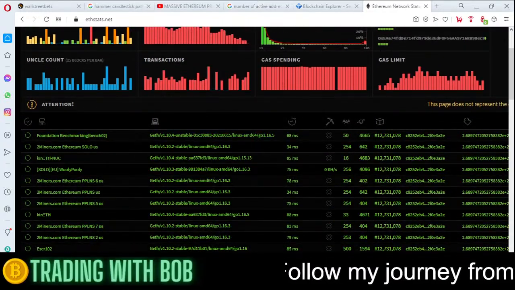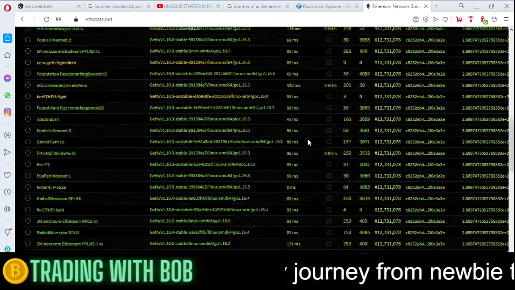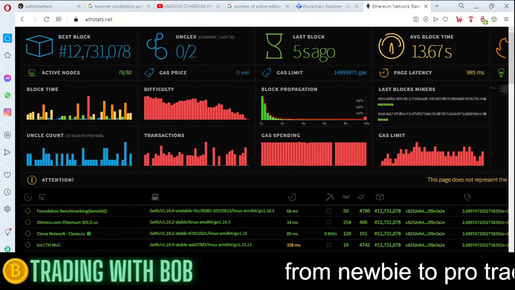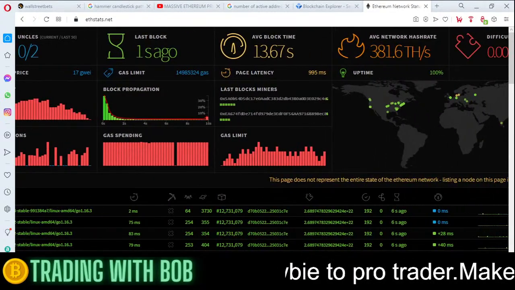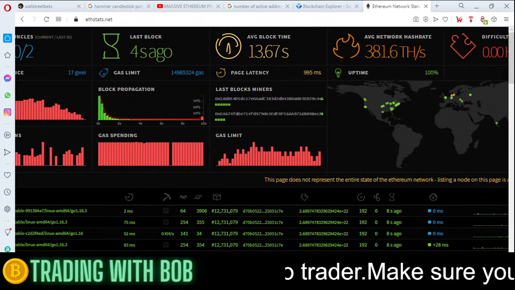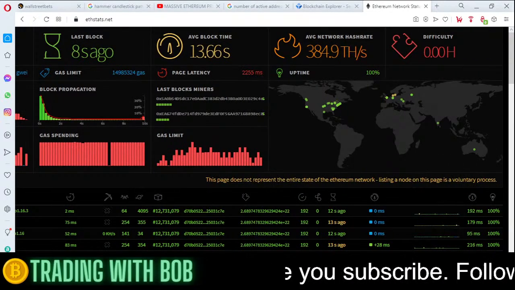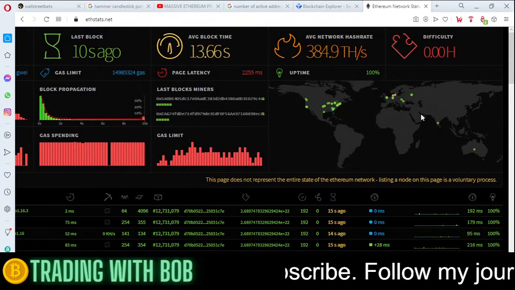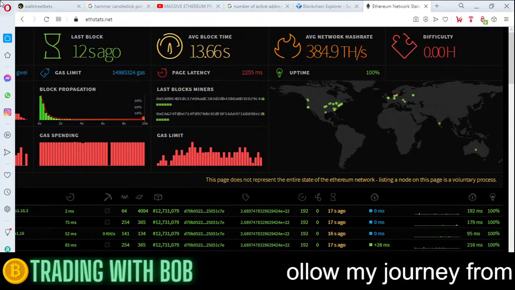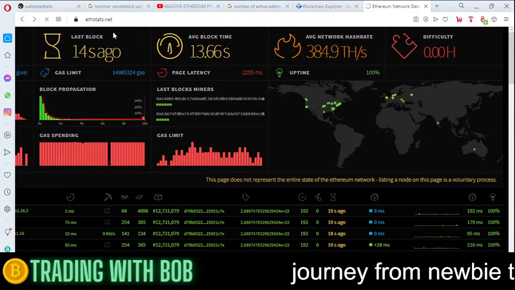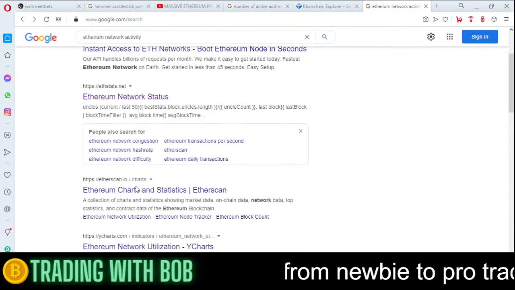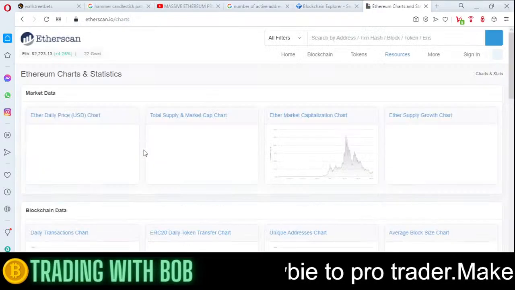All right, these are all the transactions being done. Average network hash rate, nope. Gas limit, unique. All right, forget this. Ethereum charts, yeah, there we go. We'll go on Etherscan.